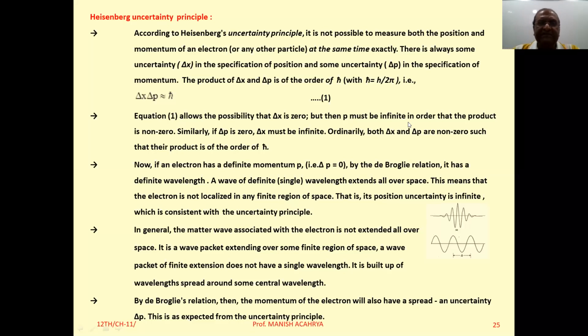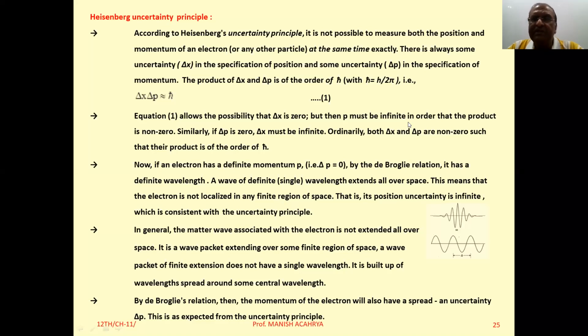Now, the Heisenberg uncertainty principle. According to Heisenberg's uncertainty principle, for any microscopic particle like an electron or proton, it is not possible to locate its position exactly as well as to find its finite momentum.